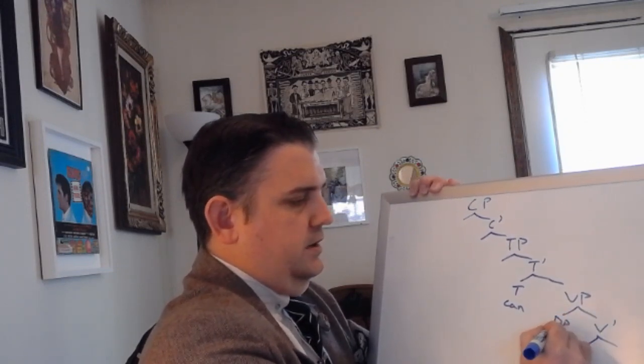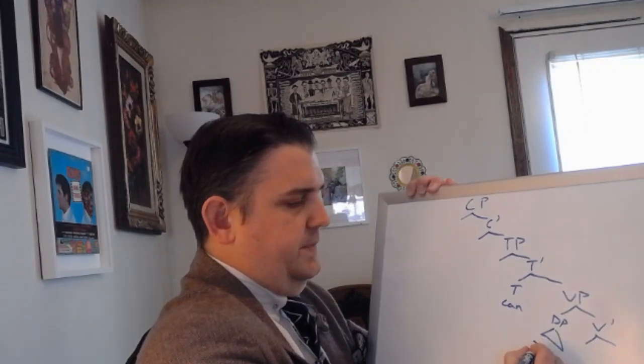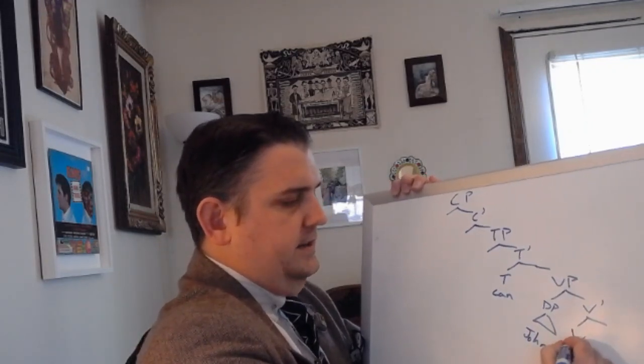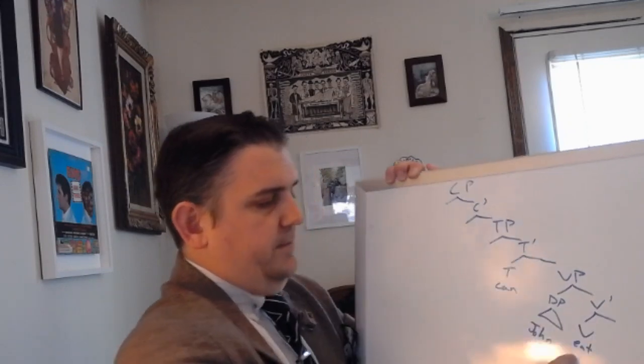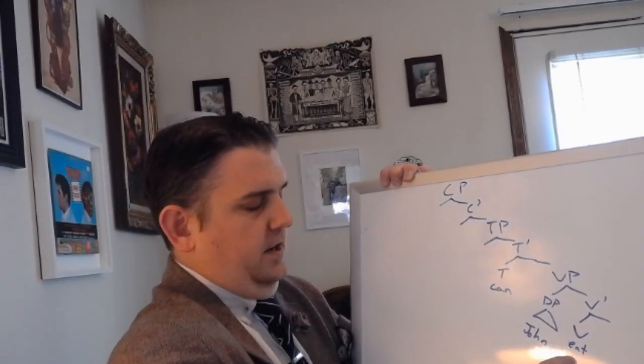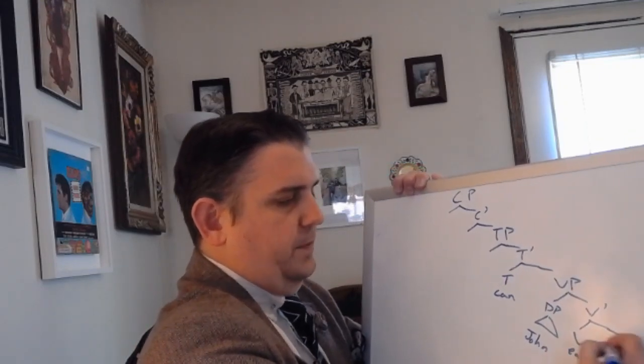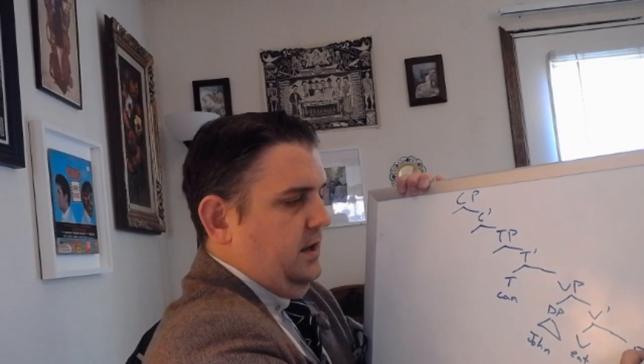DP John begins in the specifier of the V eat, because it is, remember, getting that subject, that agent theta role from the verb eat, at least for now. Again, we're probably going to modify that a little bit.